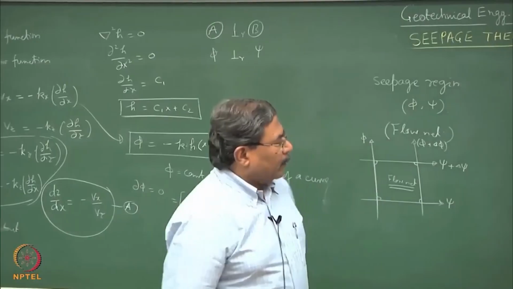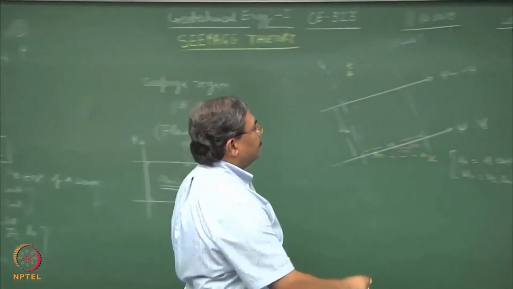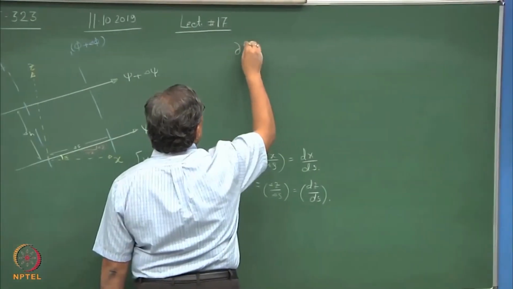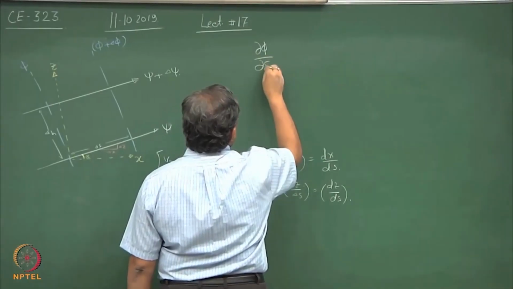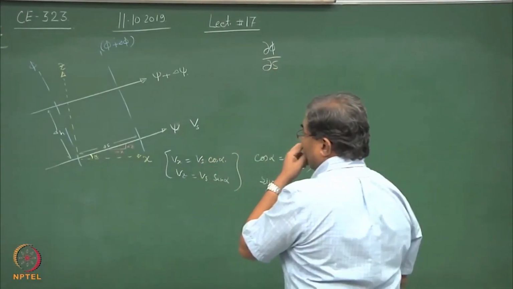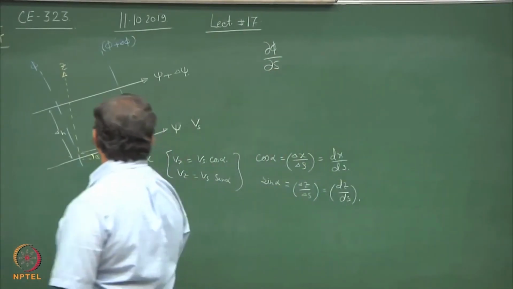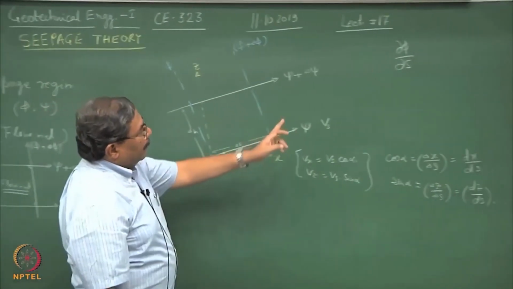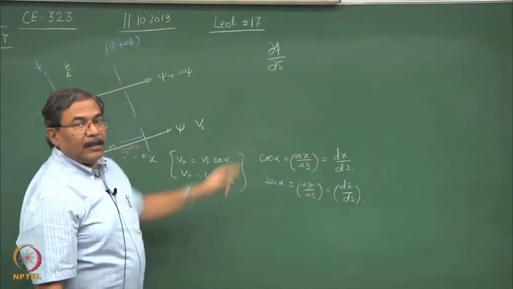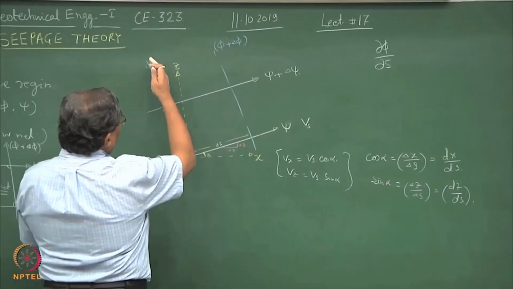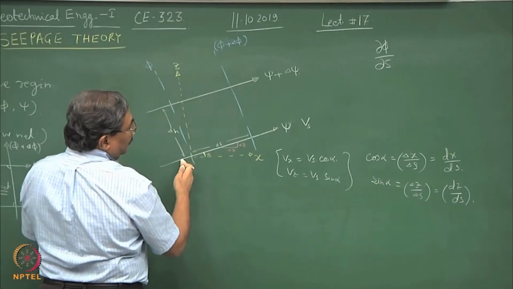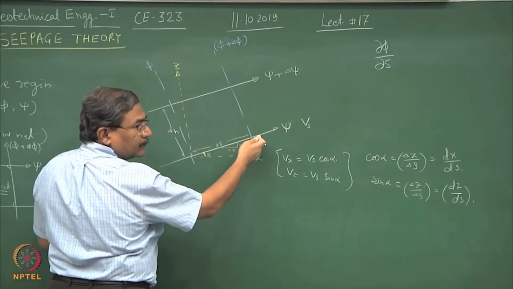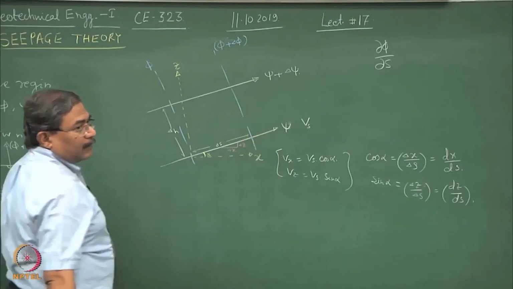Now, suppose I say what is del phi by del s. Incidentally, del phi by del s is nothing but rate of change of equipotential in the s direction. All right.